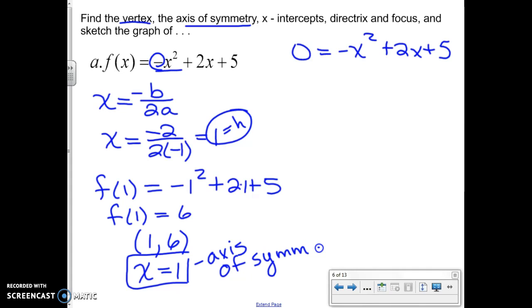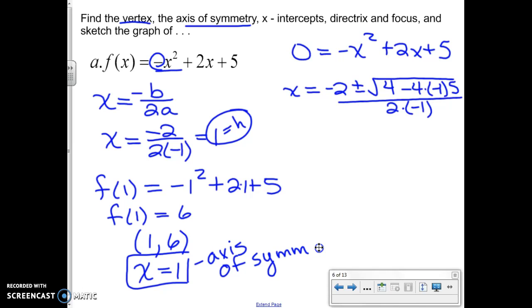So it's x equals the opposite of 2 plus or minus the square root of b squared, which is 4, minus 4ab all over 2a. And we get the discriminant part first. So this is 20 plus 4, that's 24. So negative 2 plus or minus the square root of 24 all over negative 2.